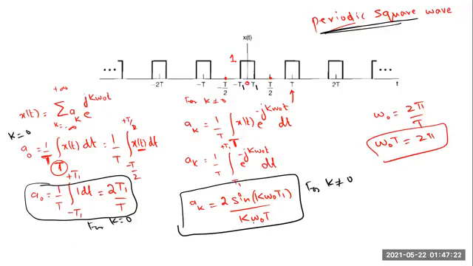So this omega naught T, we can replace it with 2 pi. So what will happen? This 2 will cancel out, and this expression will be simplified to simply sine k omega naught t1 divided by k pi for k not equal to 0.